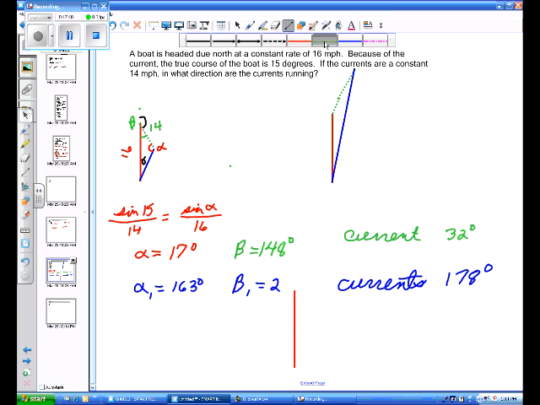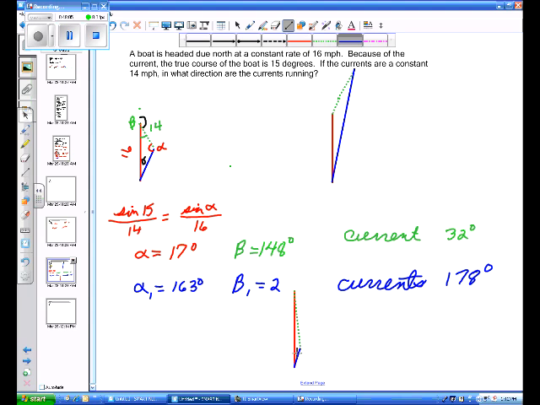Now the current is running in a direction of 178 degrees. So from north, circling around, 178 degrees gets our currents going off in this direction at 14, so just a little bit less, which puts our boat going in this direction.